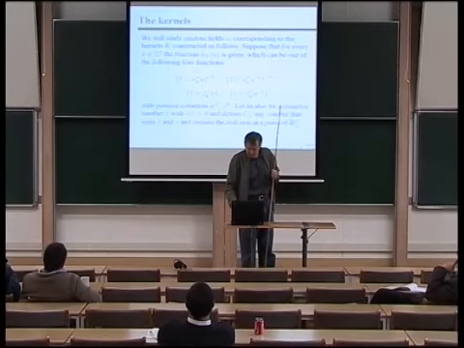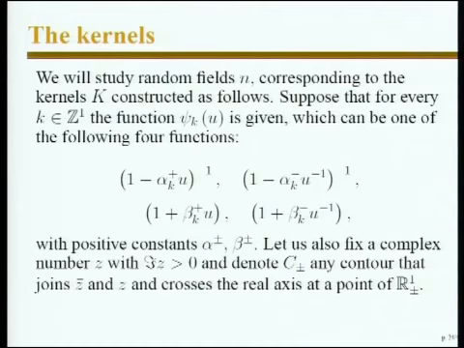Okay. Now let me tell you what kernels we are able to study. The kernels, those matrix K, T prime, T double prime, we can treat. They are obtained in the following way. Those kernels are non-translation invariant. We consider the following kernels. We have our two-dimensional lattice, and every column has a number, the index k.